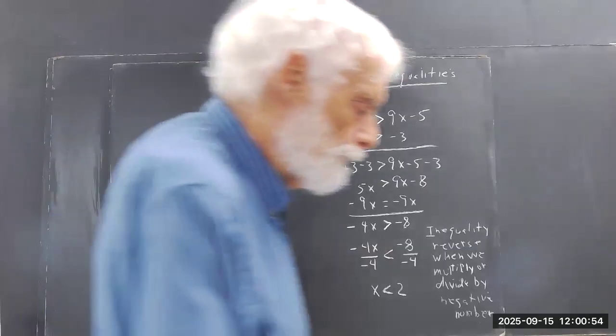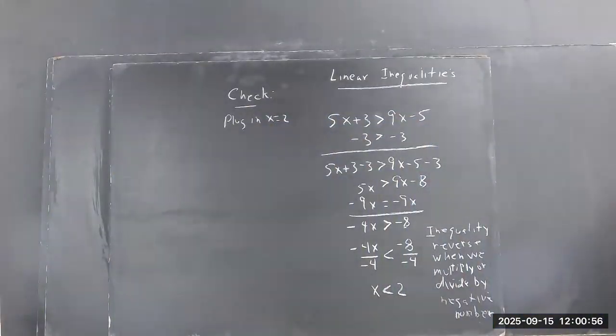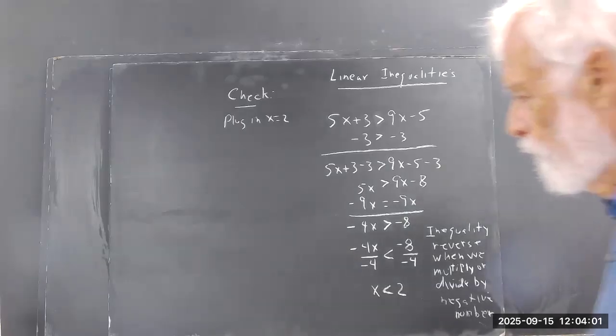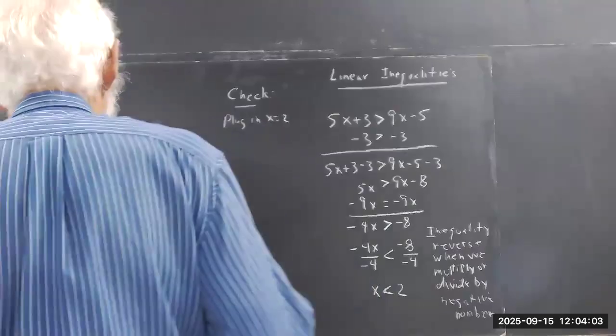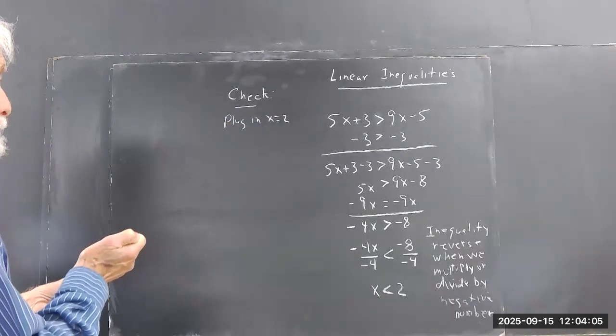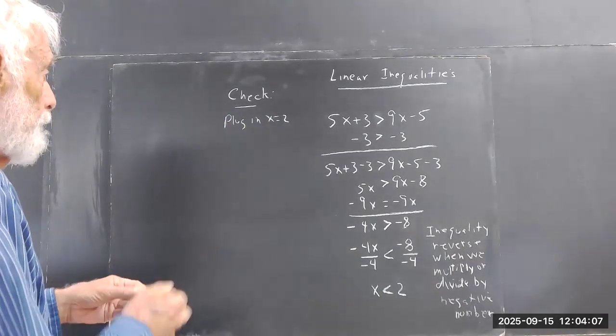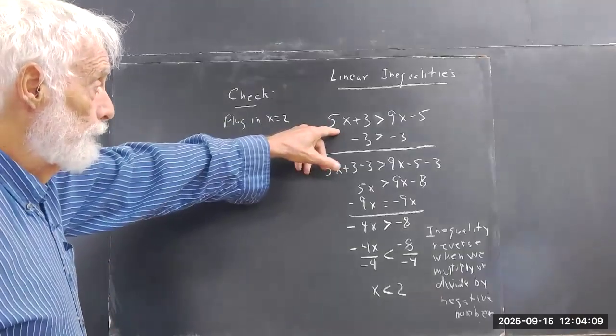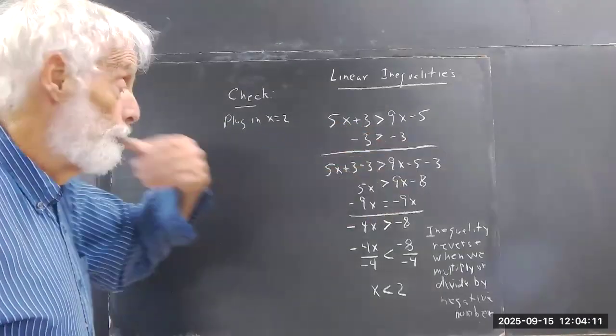So we'll go ahead and plug in x equals 2 and write it out. What I ask you to do is plug in x equals 2 into the original equation.